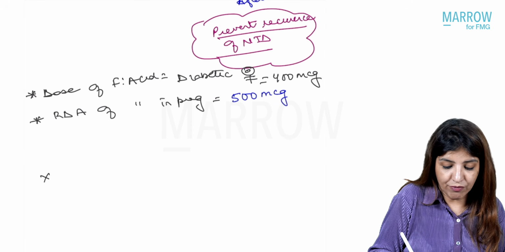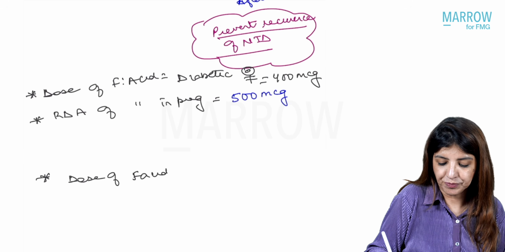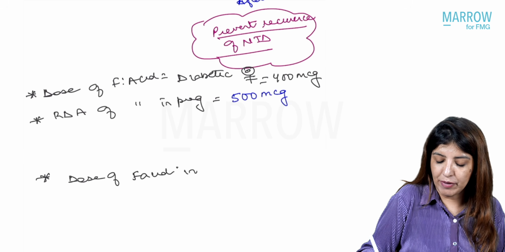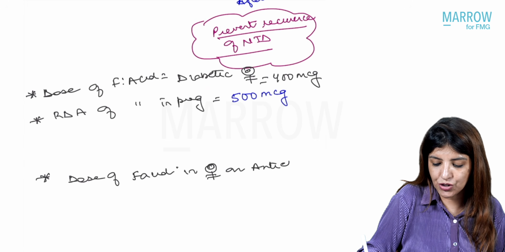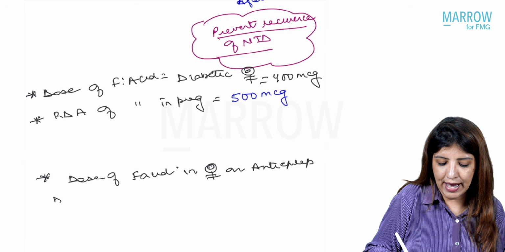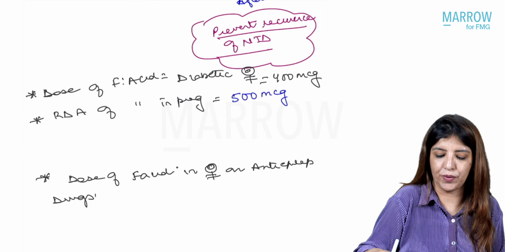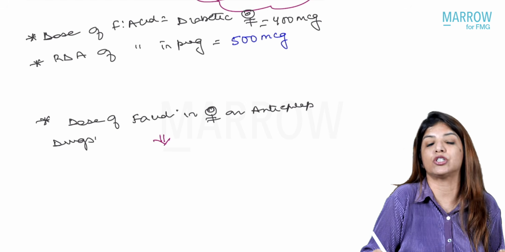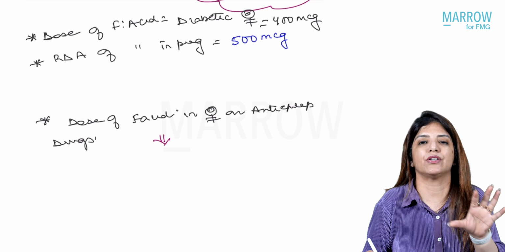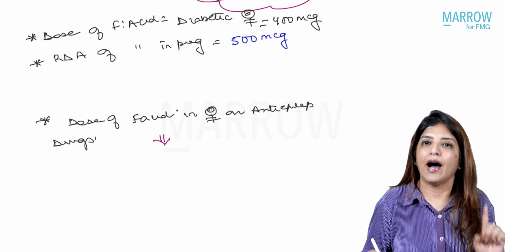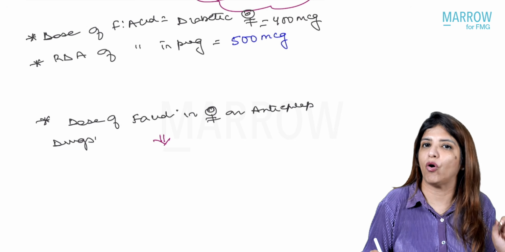Number 3, if they ask you what is the dose of folic acid in a pregnant female on anti-epileptic drugs. Now again, this is an area where there are lots of controversies because in lots of places this answer is given incorrectly. What I am telling you is strictly from the 26th edition of Williams.